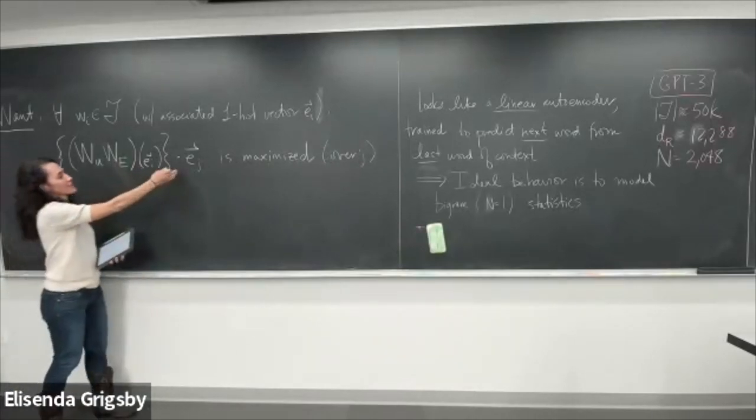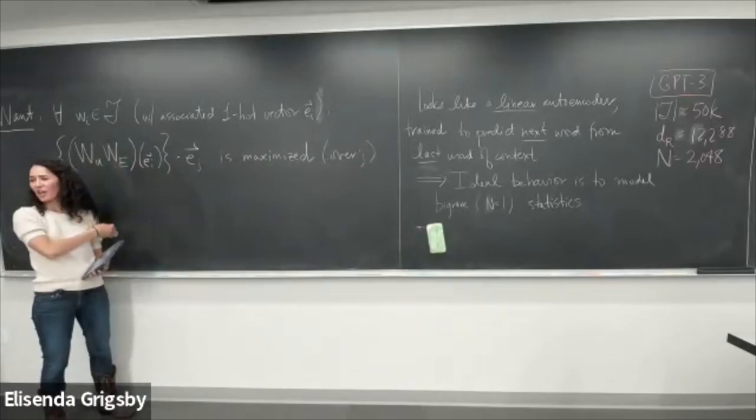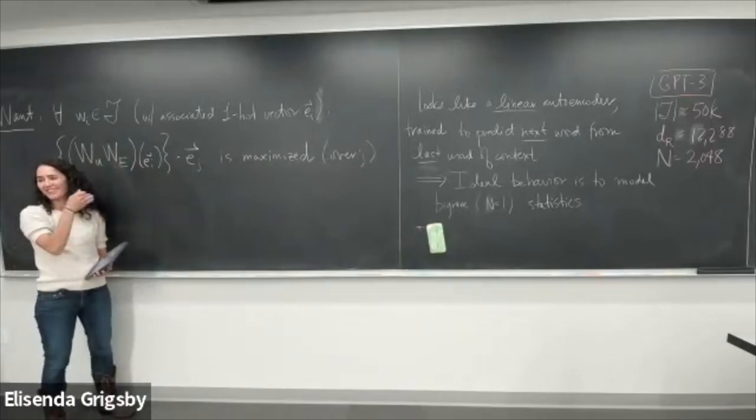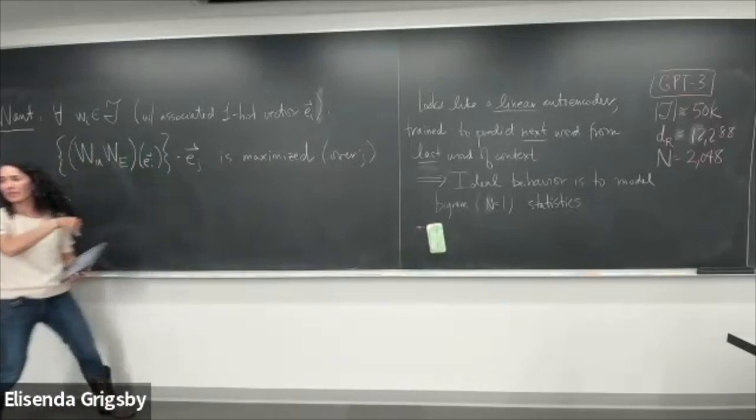So in other words, the largest entry in this column should be the token that has the greatest chance of being next.